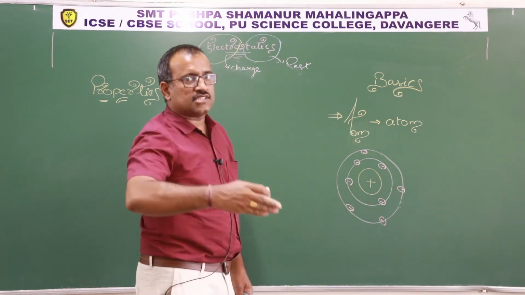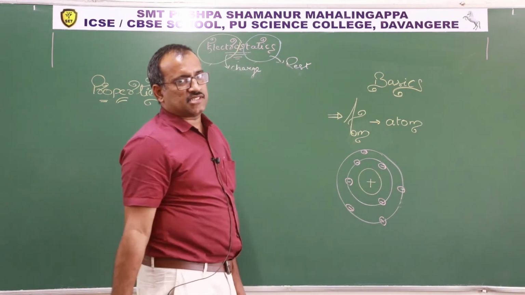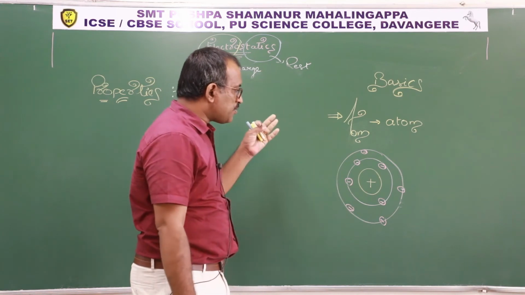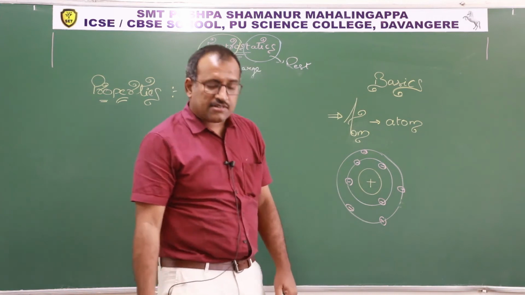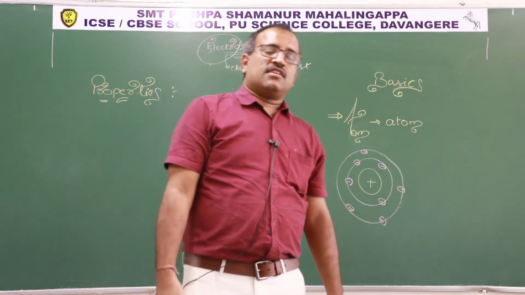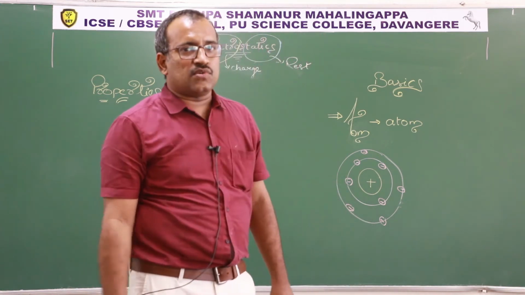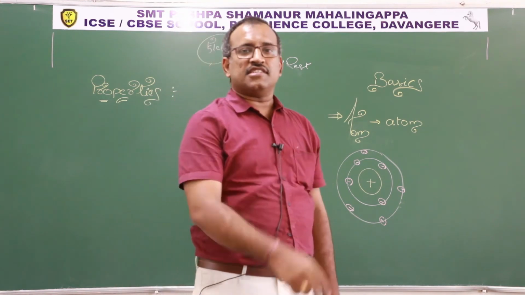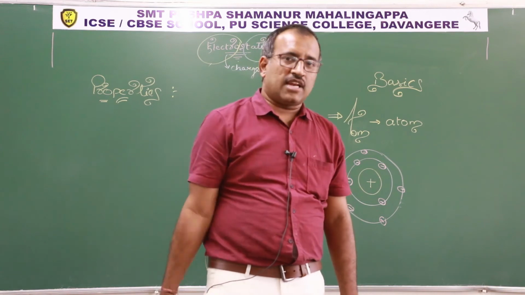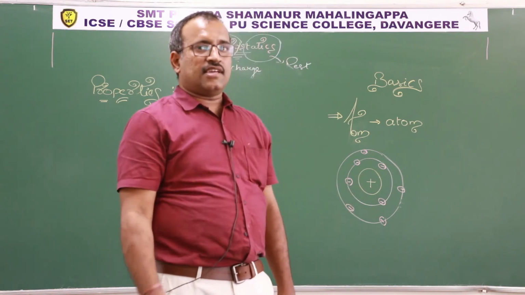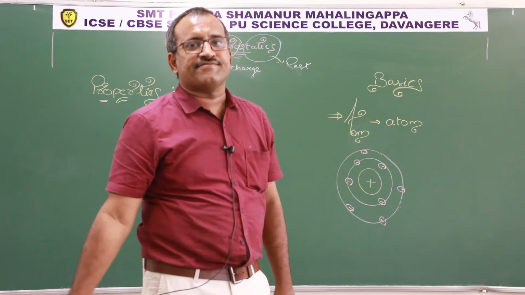So electrons are the responsible items. In the earlier days, people thought that the flow was taking place due to protons. Then people came to know later that in reality electrons are moving.